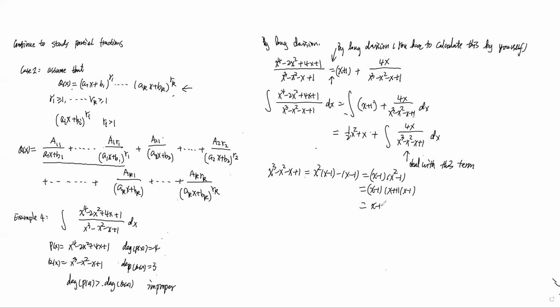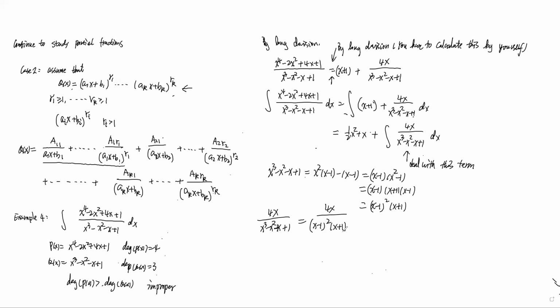So this is equal to (x - 1)^2 multiplied by (x + 1). So we have 4x over (x^3 - x^2 - x + 1), which is 4x over (x - 1)^2 (x + 1).